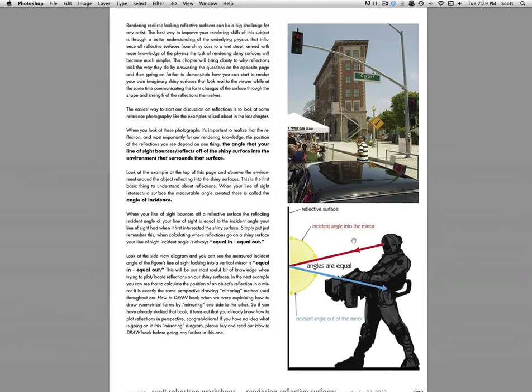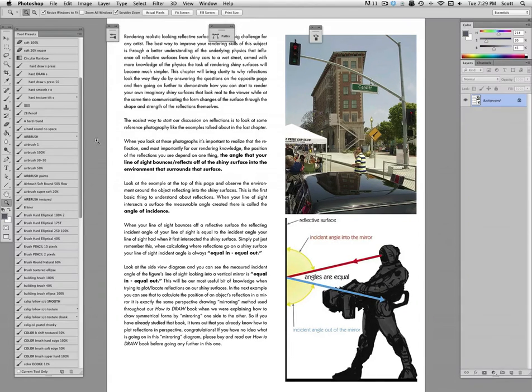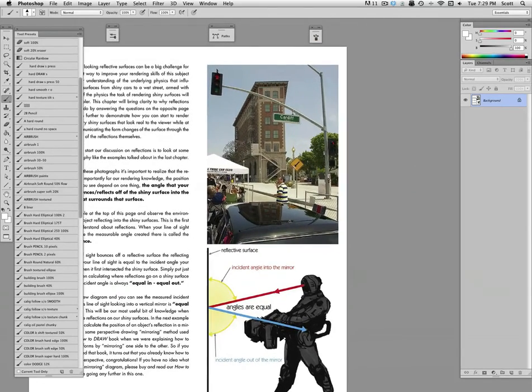Okay, that means that if I was looking at the side view of this illustration, this photograph, and I was looking at the side view of the roof of this car, and let me grab a little brush here to illustrate with. Okay, and I can see this sign right here. Here's the reflection of that sign right there.